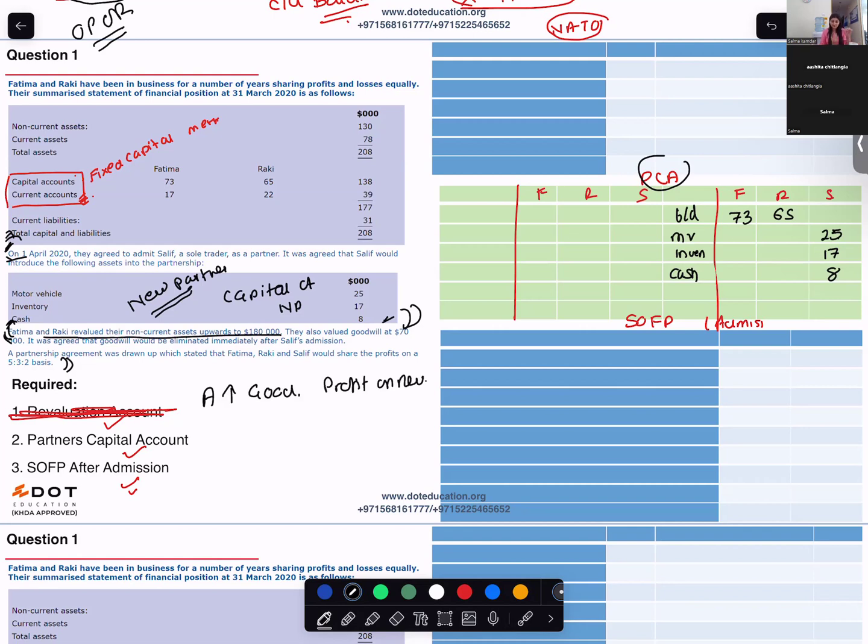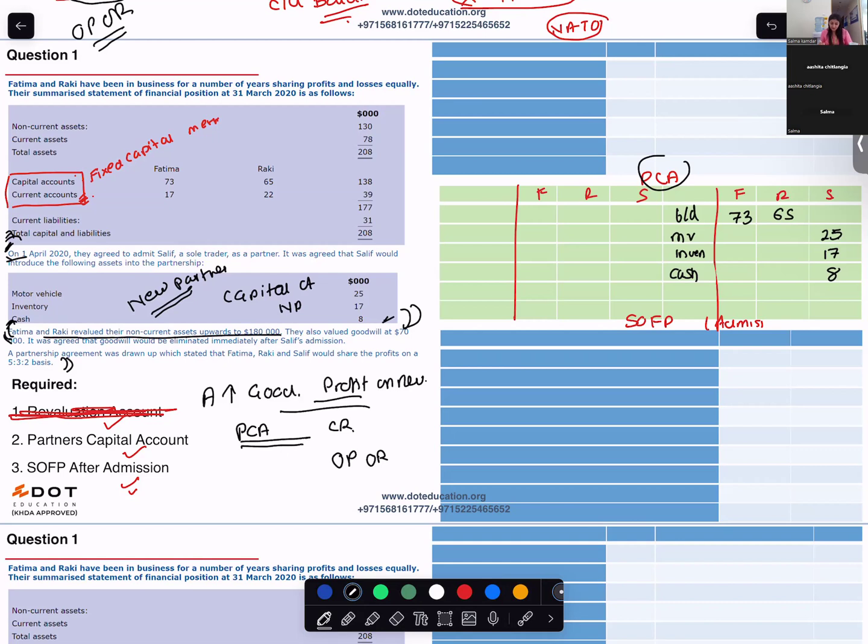Where will it come? It will come on the partners' capital account, credit side. And it will be distributed amongst both Rakhi and Fatima, the old partners, in the old ratio.